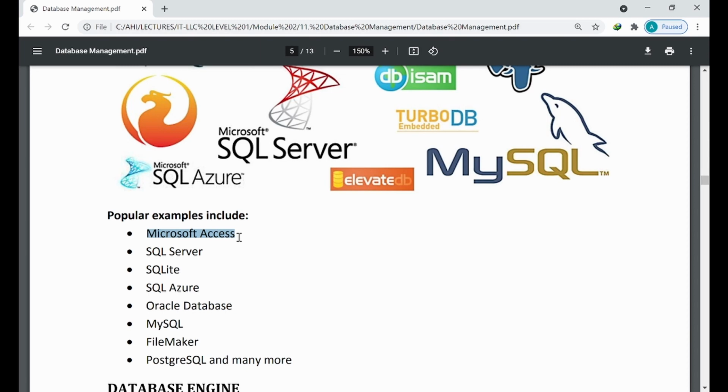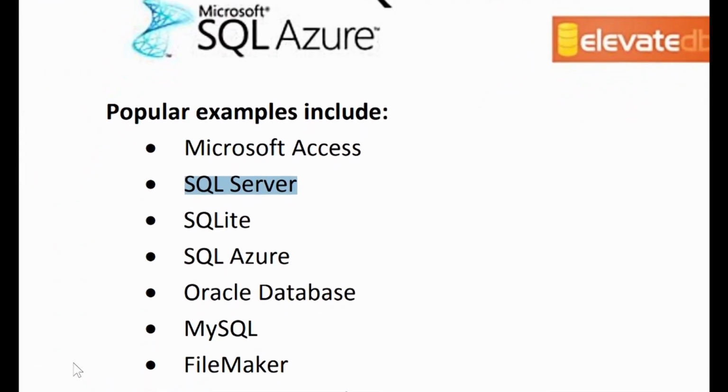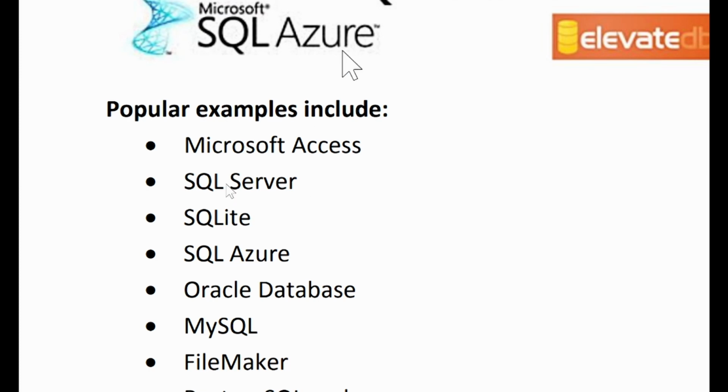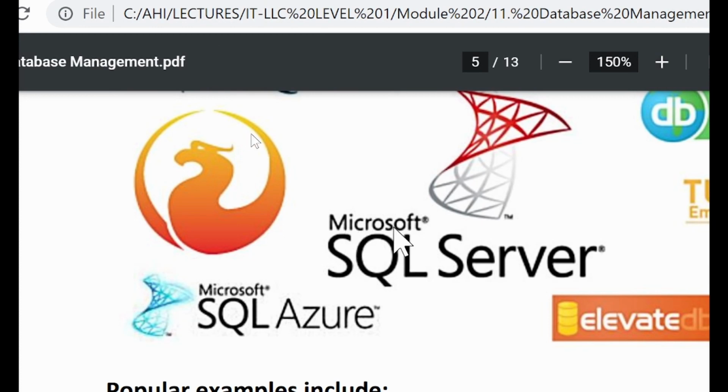So Access is one. Number two, what is here? So we have Access, SQL Server, and you do know that SQL Server is also from Microsoft. So when you come here, it is called Microsoft what? Okay, so we know that Access is from Microsoft, right? We call it Microsoft Access.